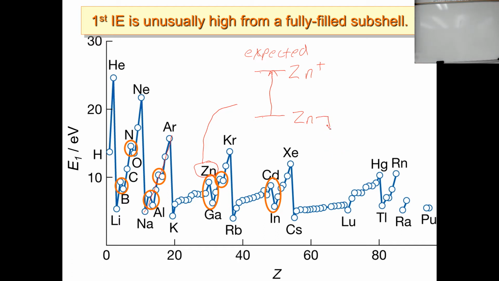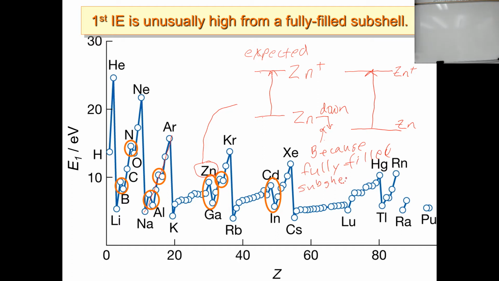So this is where the claim comes from, that fully filled subshells are more stable. This goes down to here, and now my arrow is longer than I expected. And we say because fully filled subshell is stable.